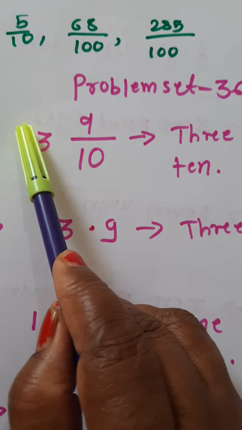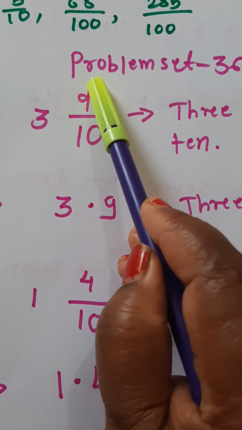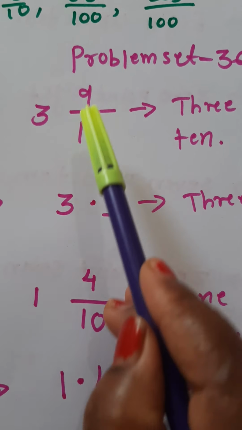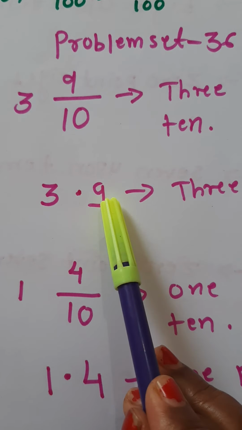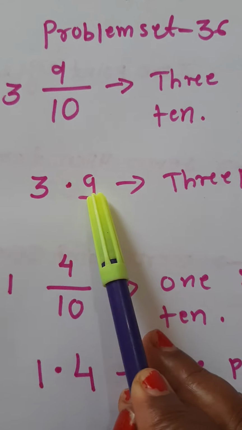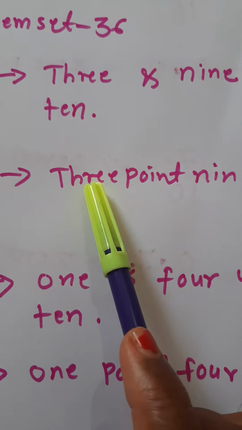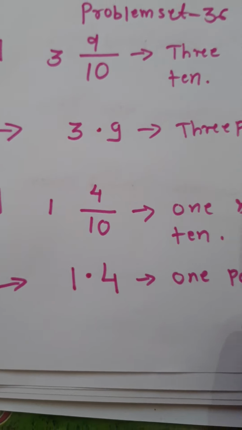So these 3 you write first, that is the whole number. Then write down the numerator, that is 9, and as a single 0 is present here, the point will come after one digit from this side. So 3.9. How to read? 3.9.